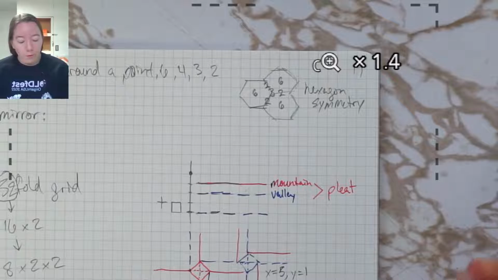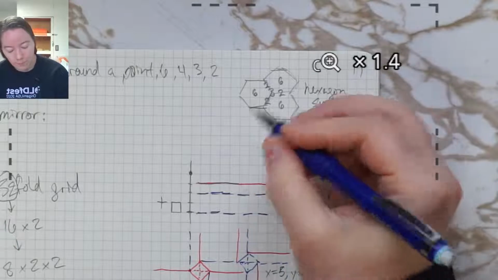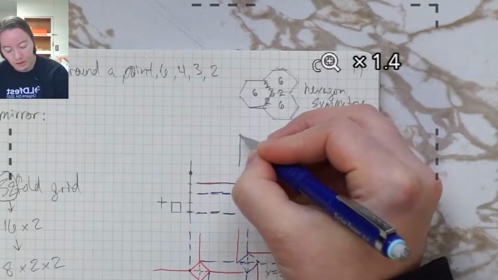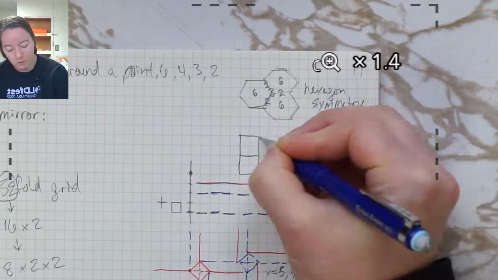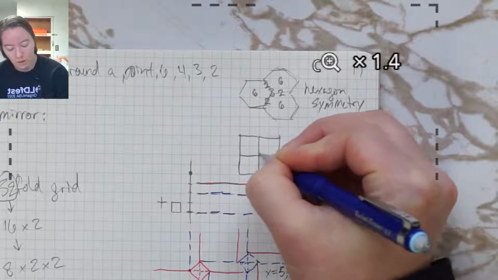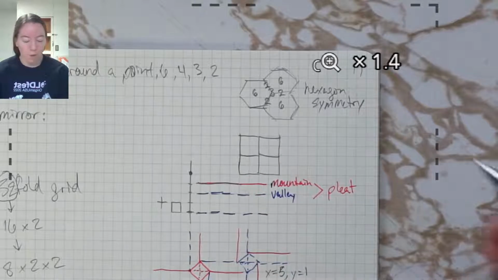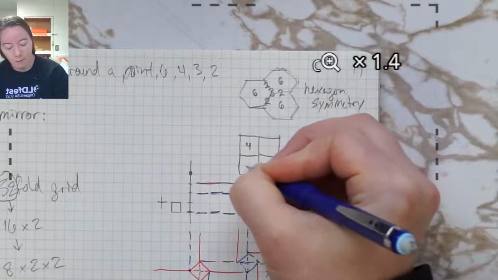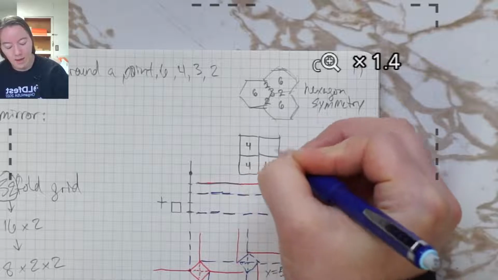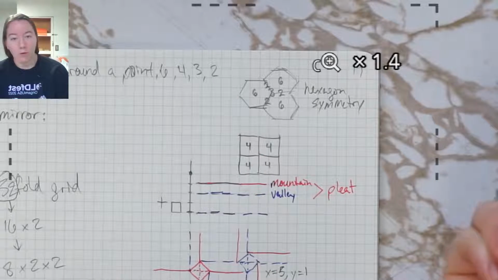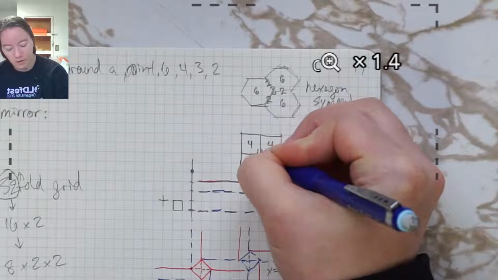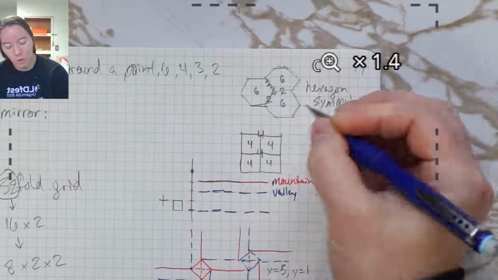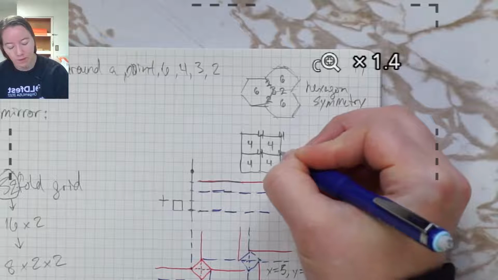When we get to fourfold rotational symmetry, that's the symmetry that's in a square grid or a square tiling, where we've got a fourfold position in each of our squares, and we have another fourfold position in the corners of the squares as well.